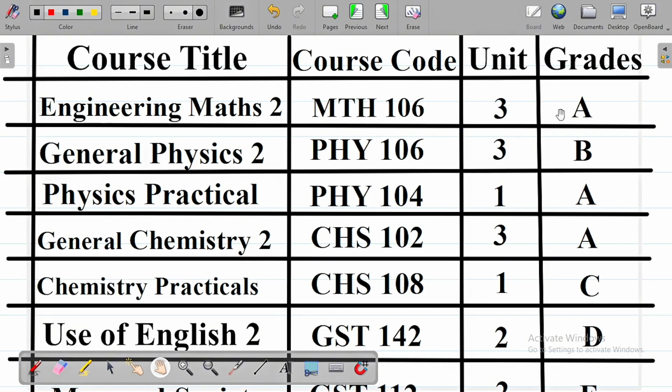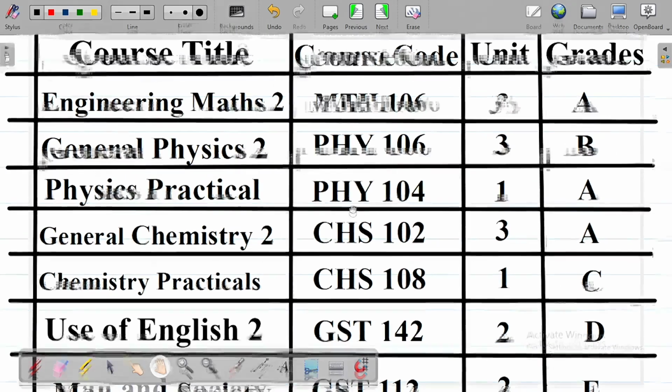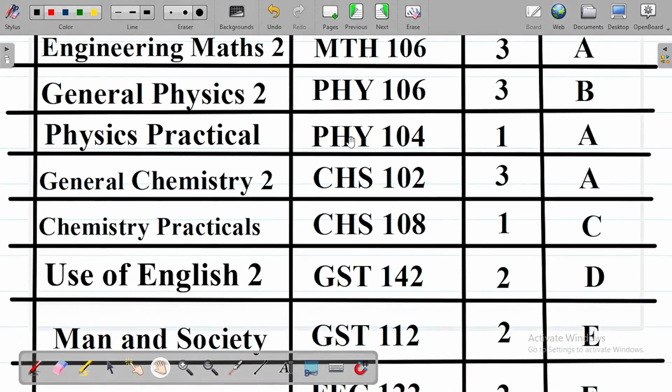It is a 3-unit course, and let's assume the student has A in Maths. We have Physics 2, which is PHY 106. It is a 3-unit course, and let's assume the student has B in Physics 106. We have Physics Practical. It is a 1-unit course, and let's assume the student has A.